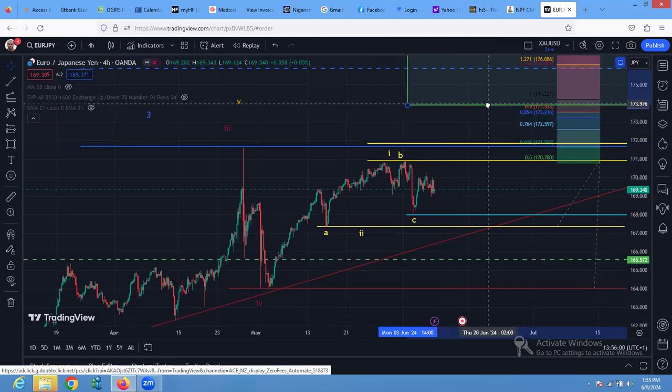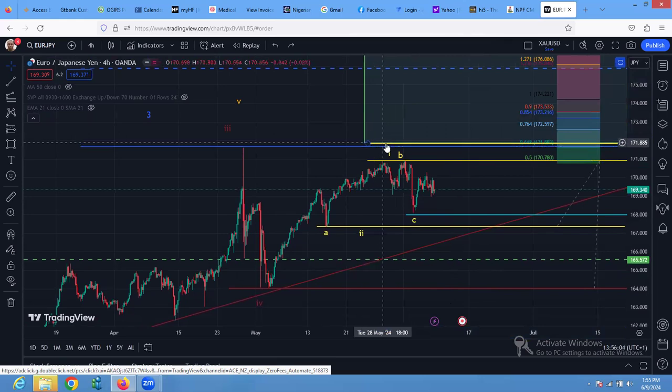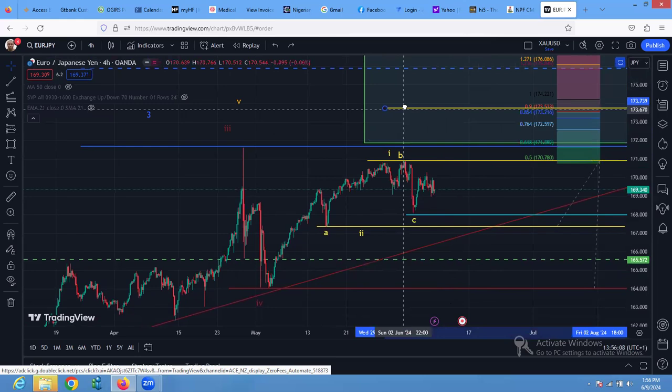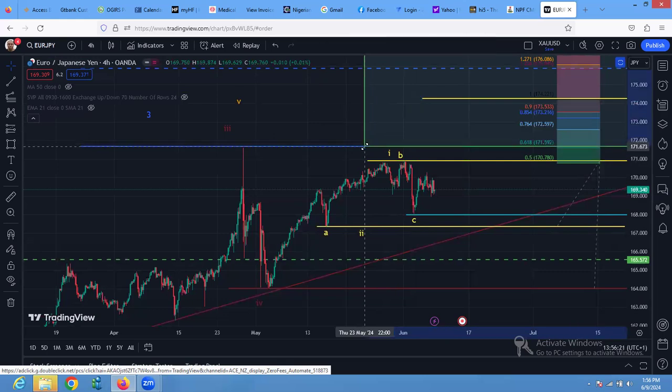We are trying to build this wave 3, that this wave 3 may at least walk up to that point. So if it walked up to that point, from the correction so far and the move so far from here, it looks likely that it's going to break this point. That is what we can get. At least it can get here.